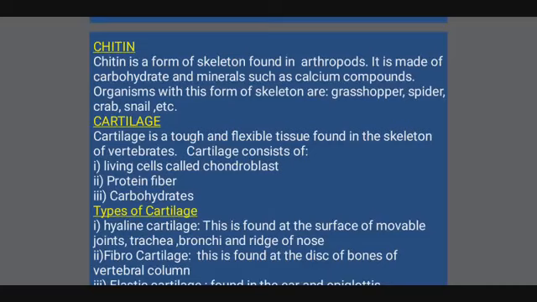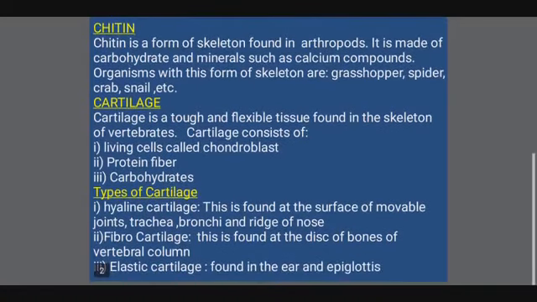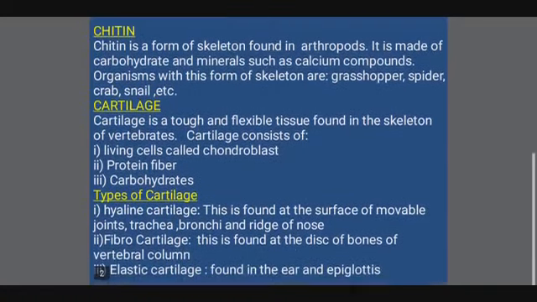These minerals sometimes make the chitin become very hard. And the chitin is found mainly in arthropods, like we said earlier. Examples: grasshopper, spider, crab, snail, squid, and what have you. Their skeleton is made of chitin. The chitin is tough.